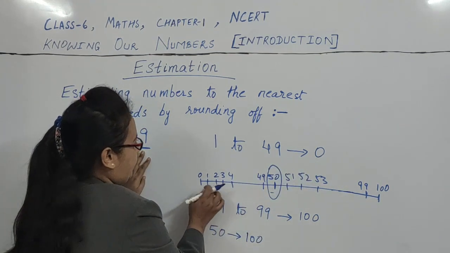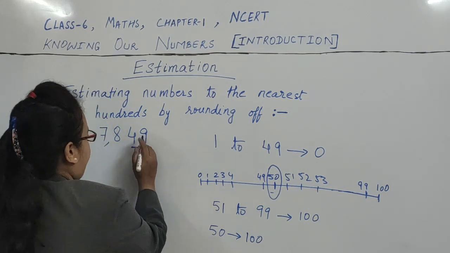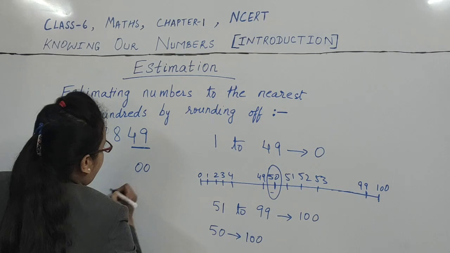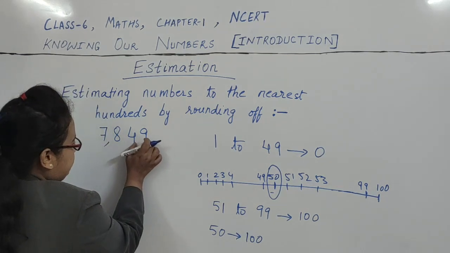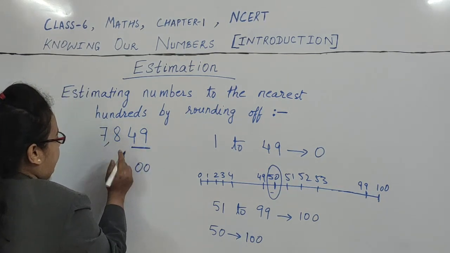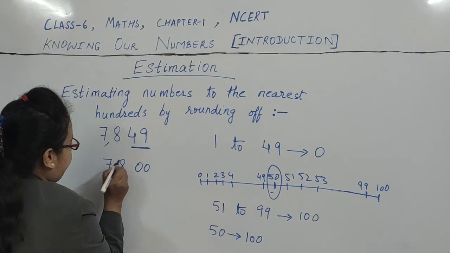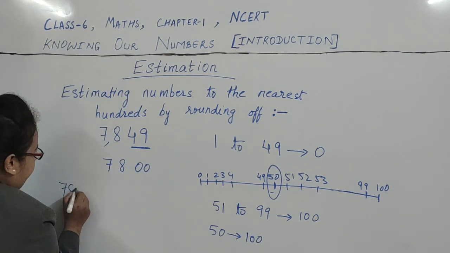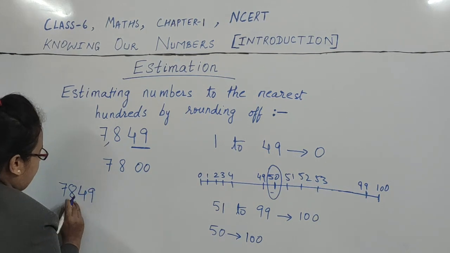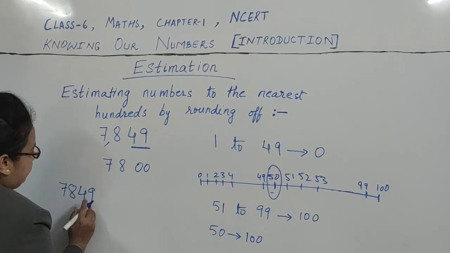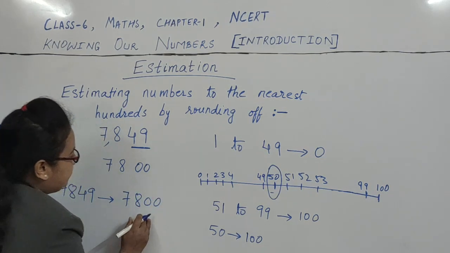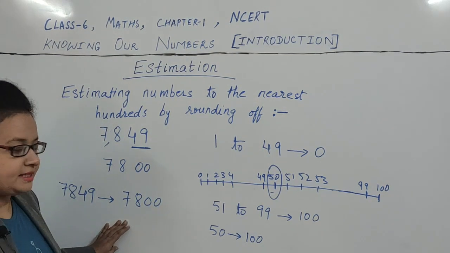So it will be rounded off to 0. Because this is a 2-digit number, 2 zeros will come. 8 will remain as it is. 7 will remain as it is. Okay. It means 7,849 is rounded off to 7,800 to the nearest hundreds.